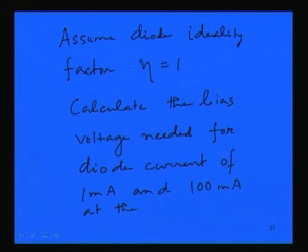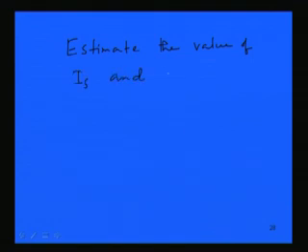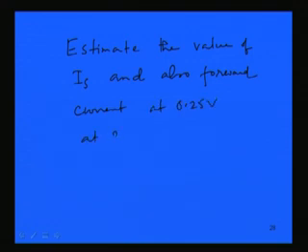So, this is the second part of the problem, and also you have to estimate the value of the reverse saturation current Is and also forward current at 0.25 volt at 30 degree centigrade above room temperature.